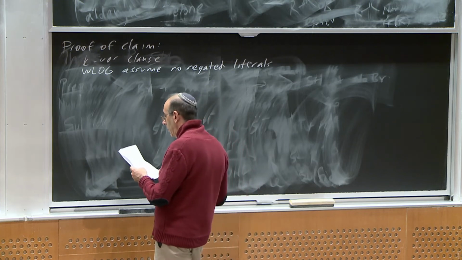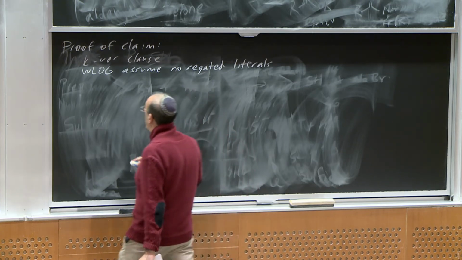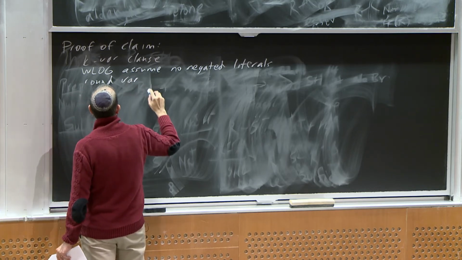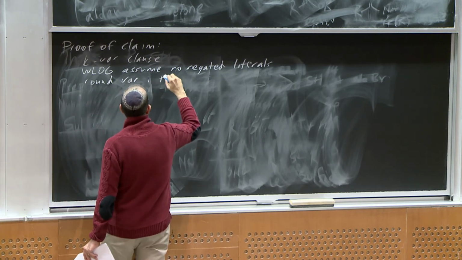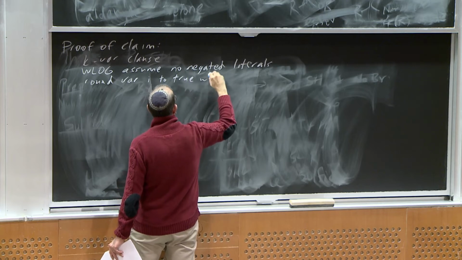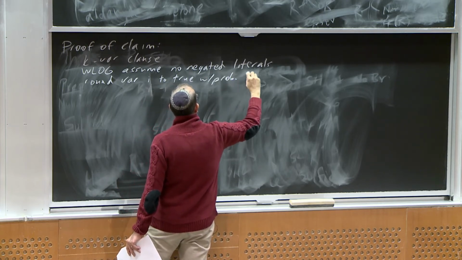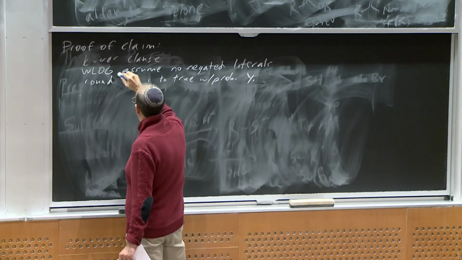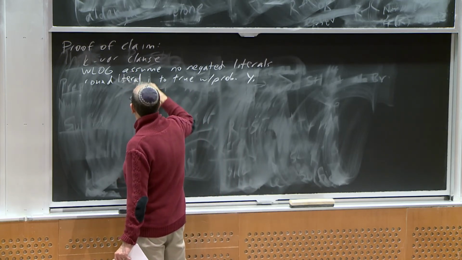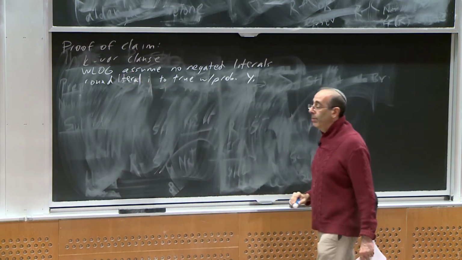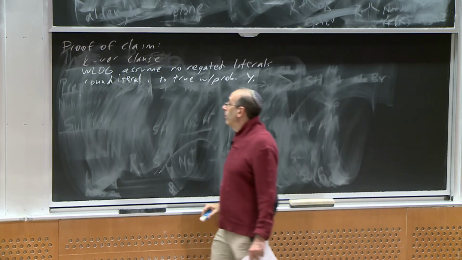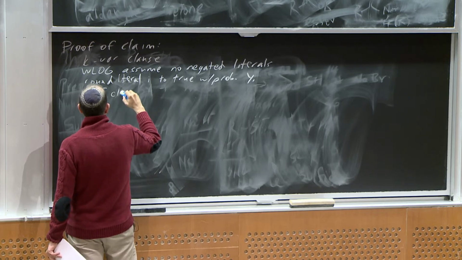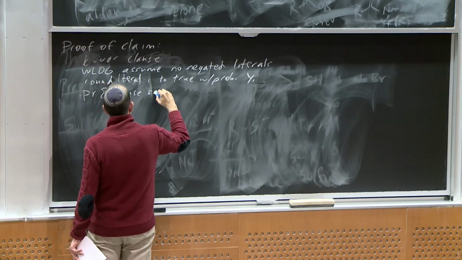So we can assume that we have no negated literals. That means that we're just dealing with these yi's, right? So we round literal i to true with probability yi. And so what is the probability that the clause is satisfied?